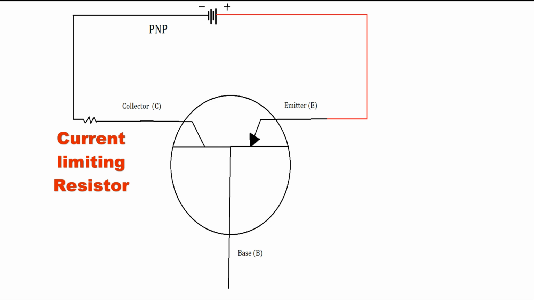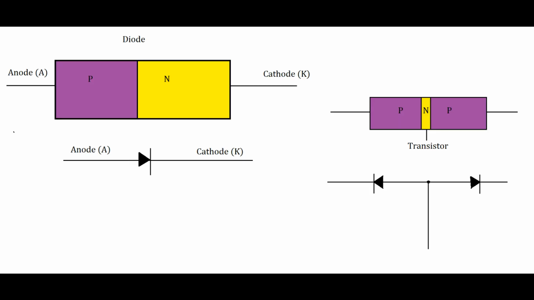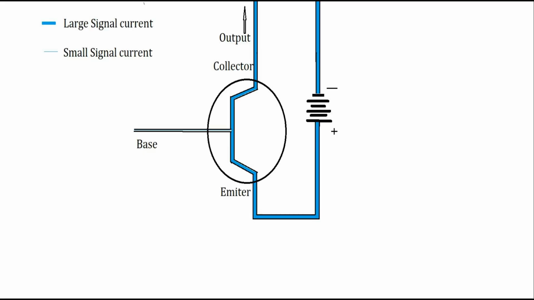If you saw one of my earlier videos where I put the light emitting diode in this circuit that we're working on, we added a resistor for the purpose to limit the current through the diode so it wouldn't burn up. So that's the same idea with the transistor. In fact, speaking of diodes, a transistor is like two diodes connected together.